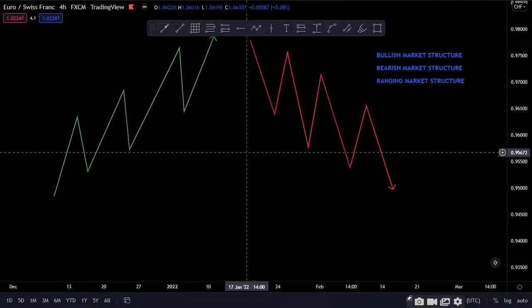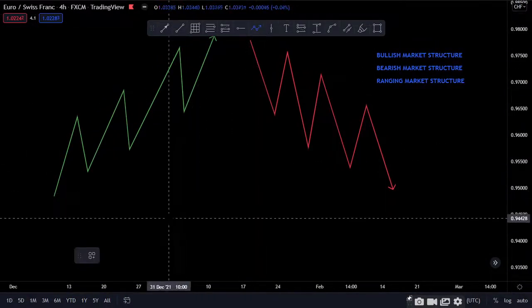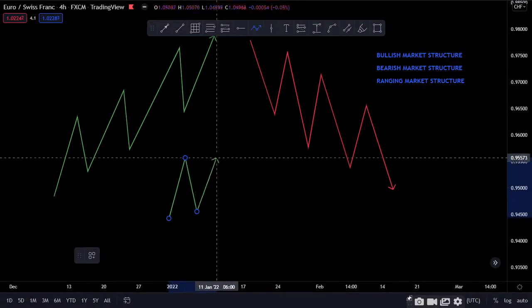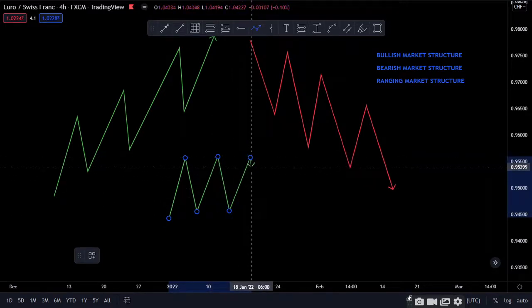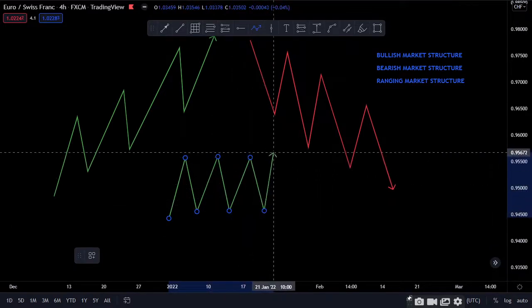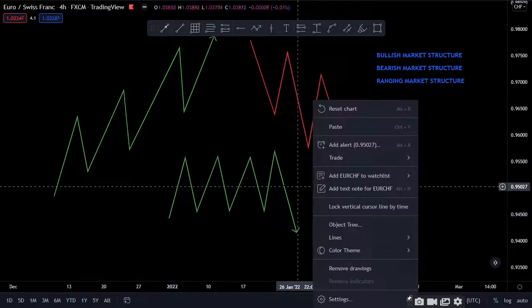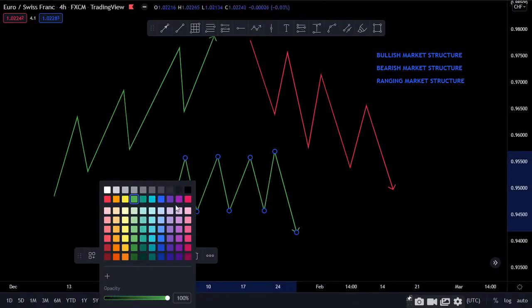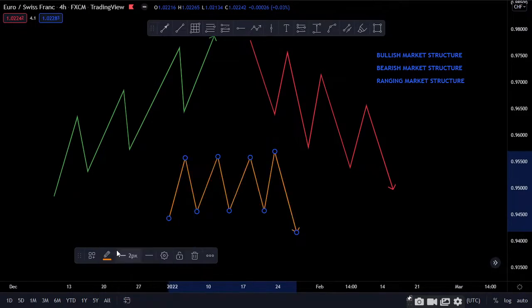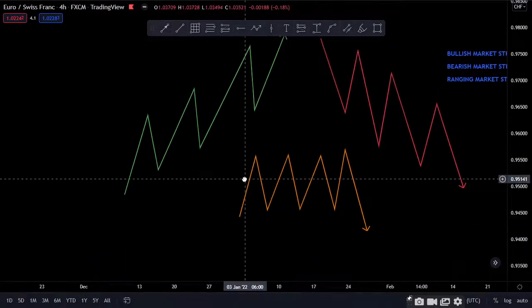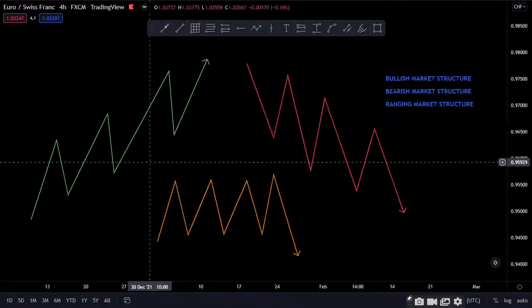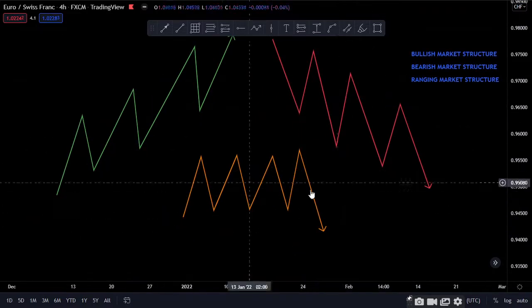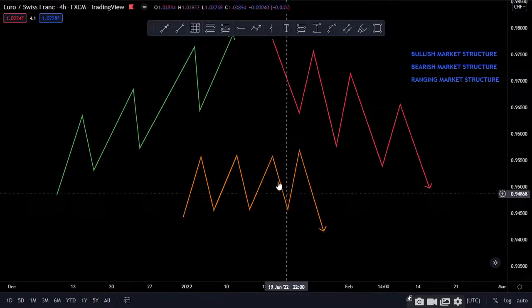And we have the ranging. Some call it consolidating. Ranging, consolidating, they are all the same. So we have the bullish, which is the green one, the bearish, which is the red one, and then the ranging, which is the gold one.